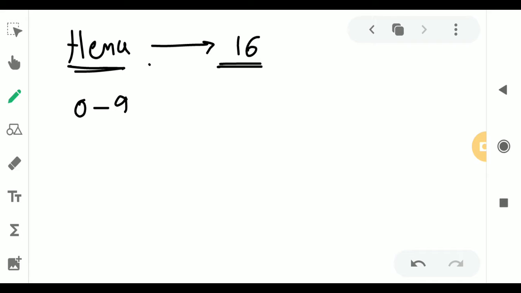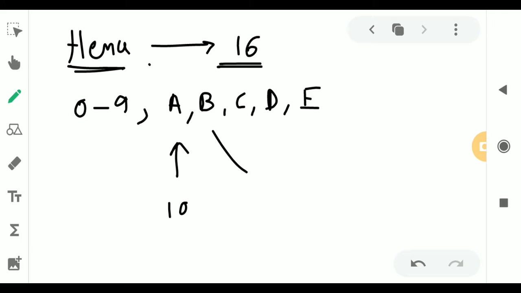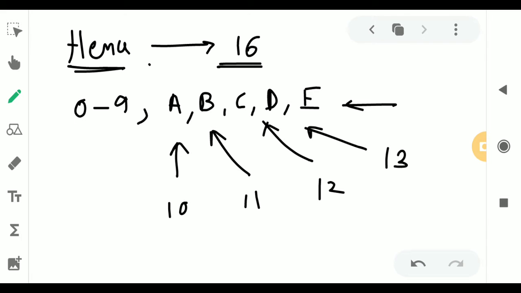So after 9 we have A, B, C, D and E. That simply means that we represent the number 10 by A, 11 by B, 12 by C, 13 by D and 14 by E. And there's one more, which is F, for the number 15.